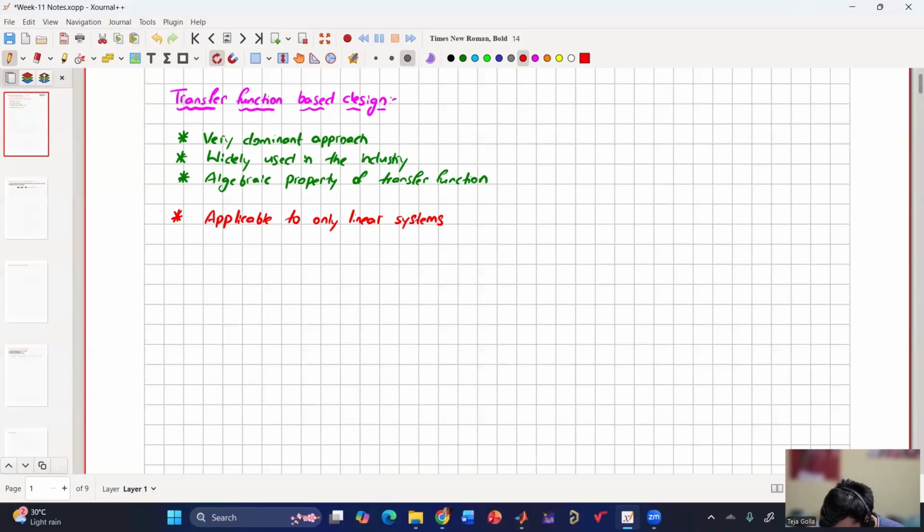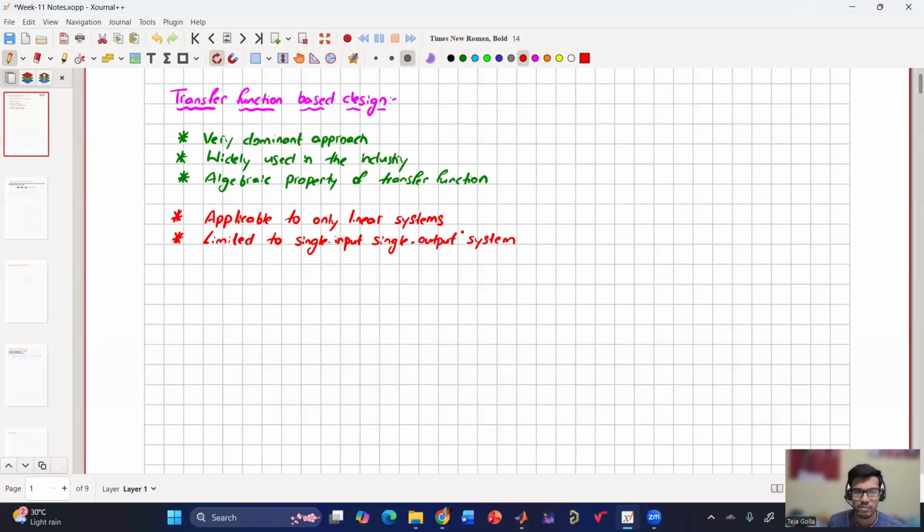Another limitation is that it is limited to single input, single output systems.